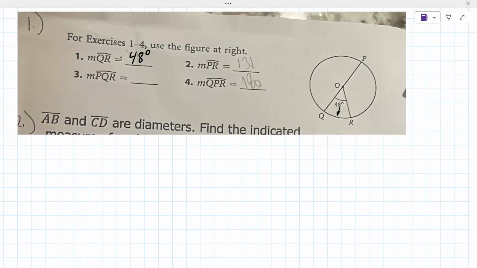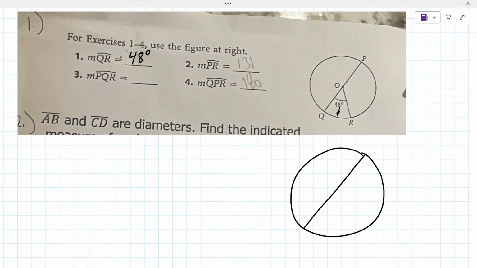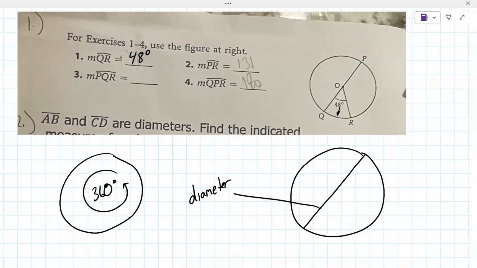Now, new thing here. If you have a line that goes through the center, do you remember what the name of that line is? Called a diameter. Okay, diameter. And that cuts the circle in half. If it's 360 degrees and it cuts it in half, what does the angle measure become? 180. So if I call this X, what does X plus 48 add up to? 180.